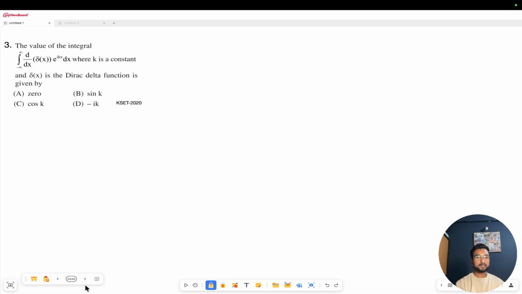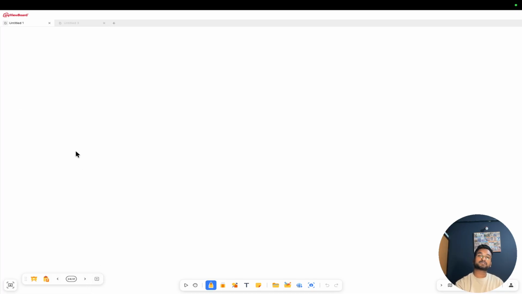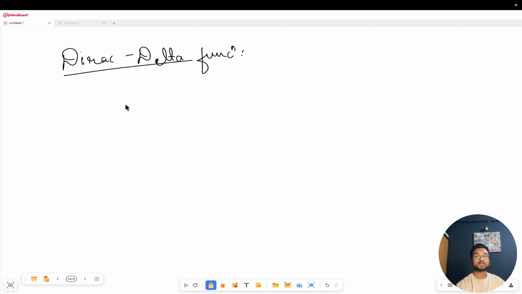You can see the Dirac delta function. What is the Dirac delta function? So the Dirac delta function is a function which has a unique property.